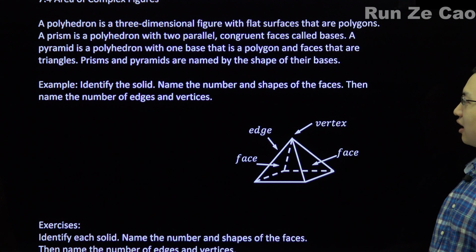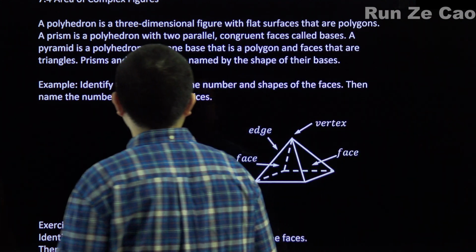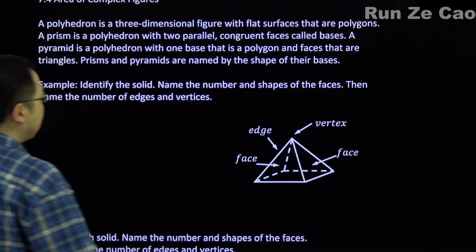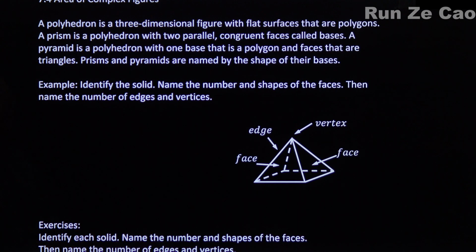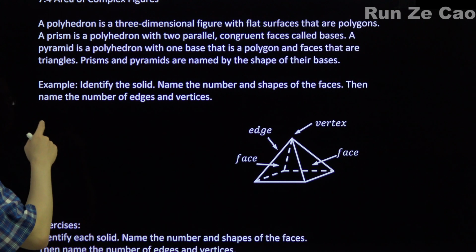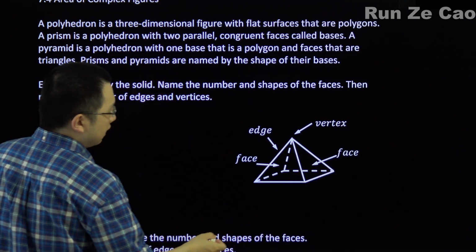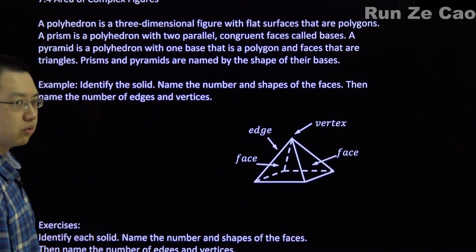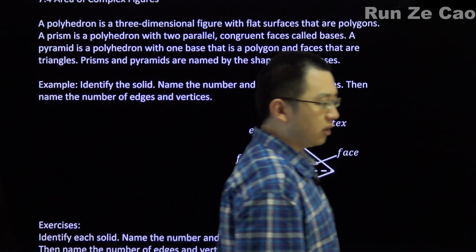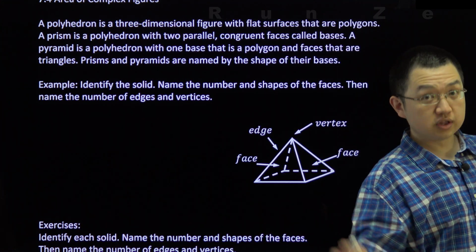A pyramid is a polyhedron that has one base that is a polygon and faces that are triangles converging at a vertex. To be fair though, all these other points are also vertices. It's just that the vertex of a pyramid refers to a very specific vertex, if you're using the term the vertex.